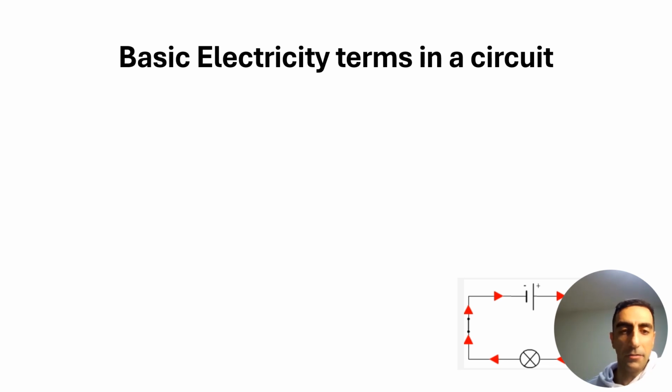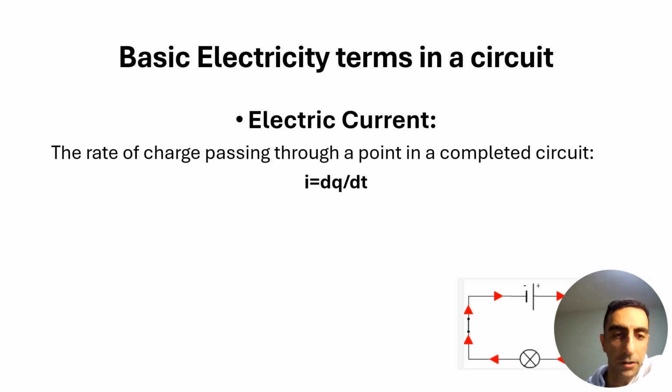And now let's get familiar with some basic electricity terms in a circuit, starting with current. Electric current is the rate of charge passing through a point in a complete circuit. So in this circuit, you can see these red arrows. They represent electric currents.